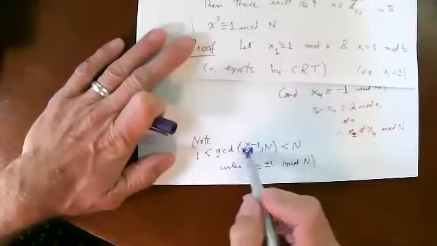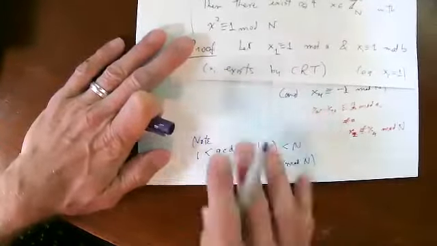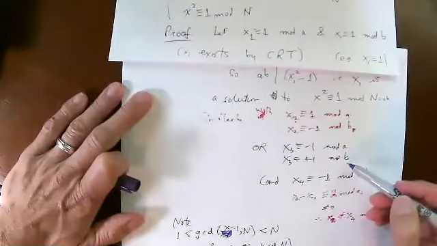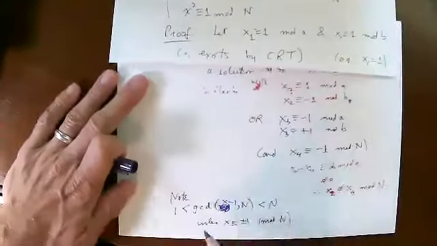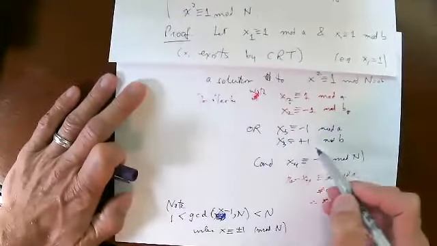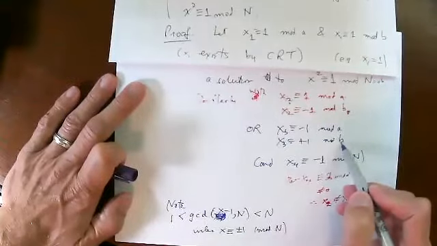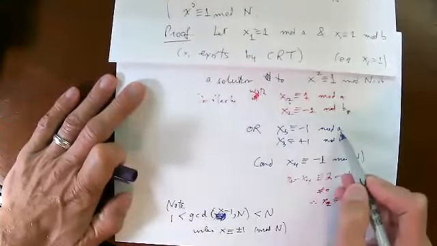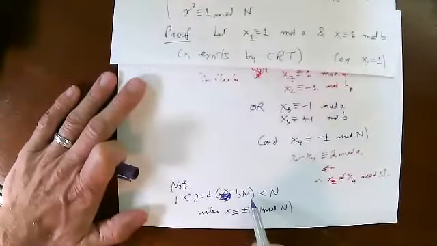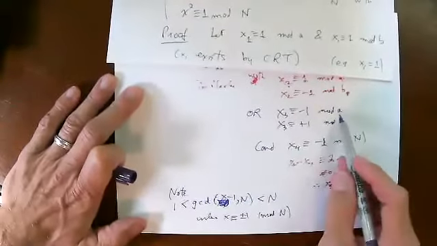Otherwise, the solution x that you have found would have to be of this type for some pair of divisors for capital N. So when you look at, let's say, x minus 1, well, that would be congruent to 0 modulo b, but not modulo a. And so the GCD would have b as a factor and not a.